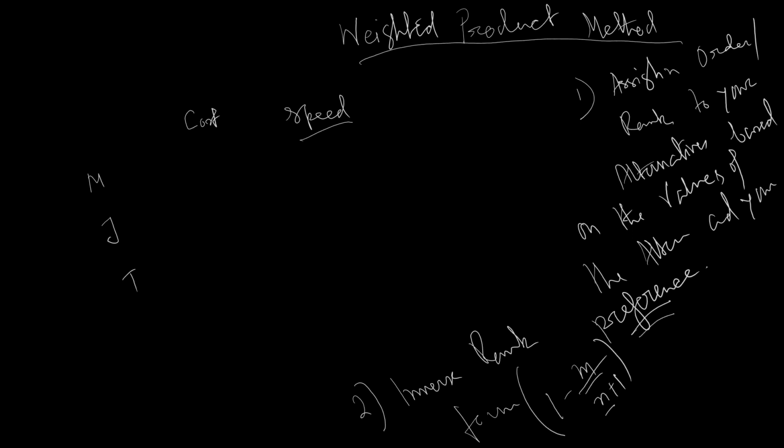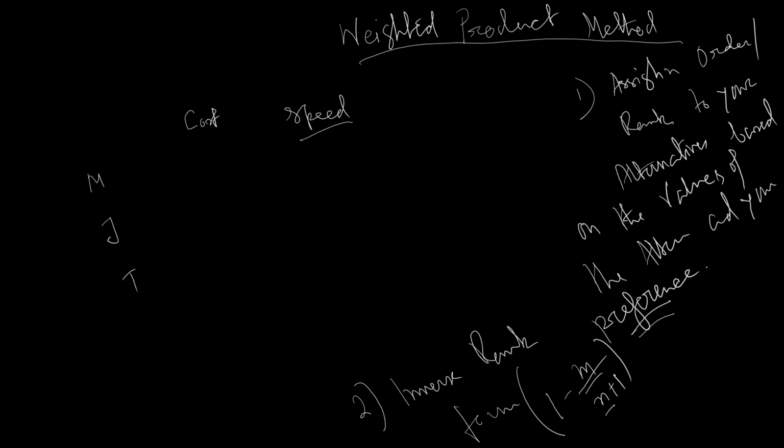In the weighted sum method, we multiply the value of each alternative with the weightage of its respective criteria, and we add the products for the other criteria. And then as per the WSM score, we again order the alternatives and we get our decision.